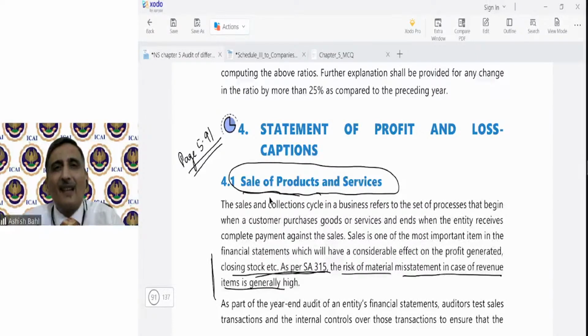So these kind of things he would be seeing. He would also be verifying GST returns, e-way bills. So such kind of procedures which show that transactions have occurred.